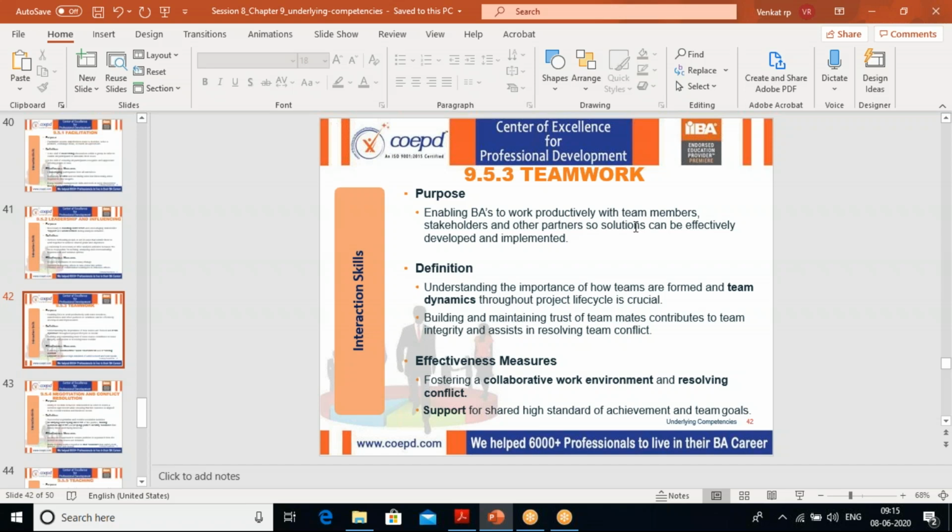So we have to make them understand what team dynamics they have to follow for them to be more effective as a team, how to understand each other as team members, and how to identify the strengths and weaknesses of the team.